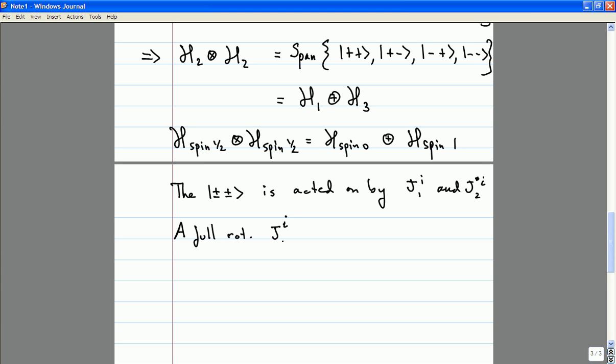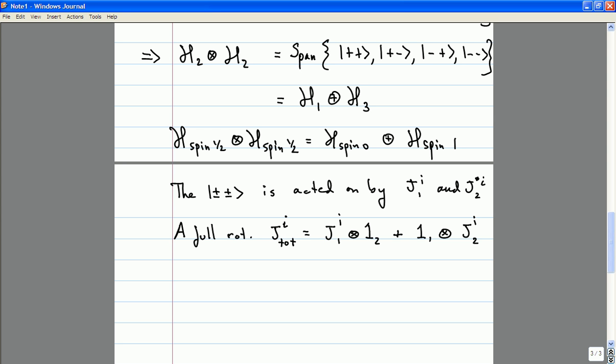So, for example, if you want to write down the total angular momentum operator acting on the tensor product system, then that should be given by a rotation acting on the first tensored with the identity operator on the second, plus the identity operator acting on the first times the rotation acting on the second.